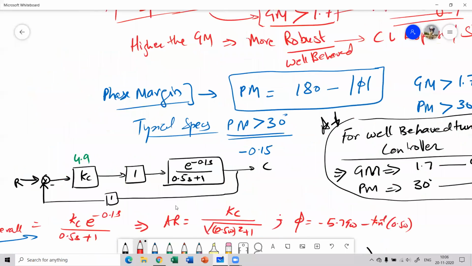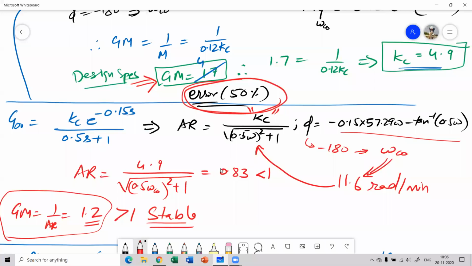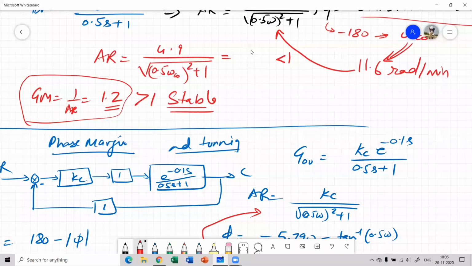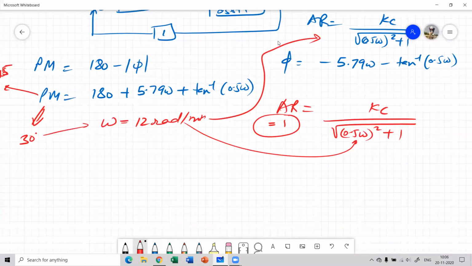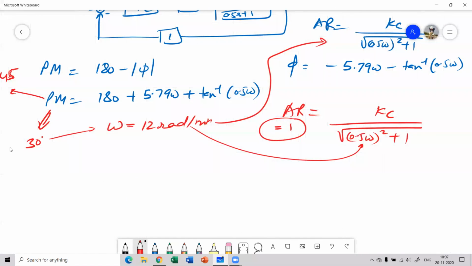So in phase margin, we have to take AR equal to 1 for the tuning of the system. For phase margin 30, we calculated the frequency, substituted in the AR equation and equated AR to 1. From here, we get the Kc value as 6.08.